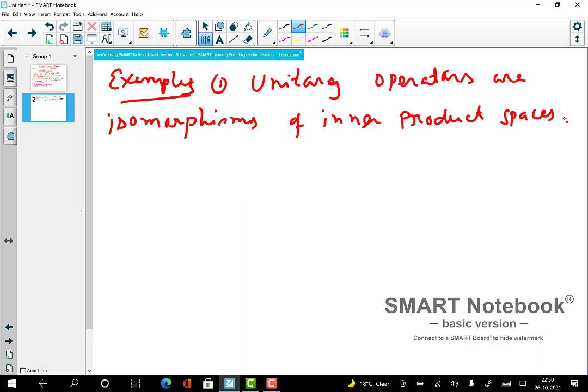Obviously, when you talk about unitary operators, they also send an orthonormal basis to an orthonormal basis. So what does that mean? If we have two finite dimensional inner product spaces, then they are isomorphic if and only if they have the same dimension, right?